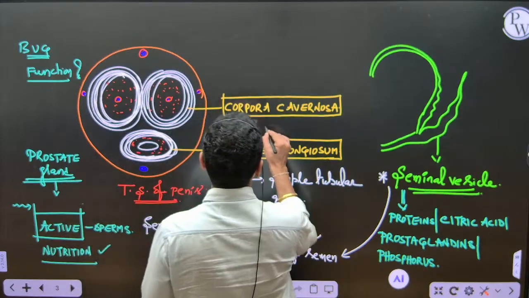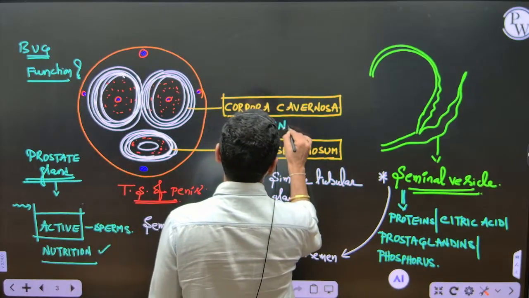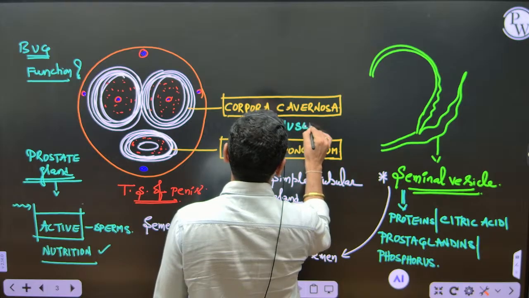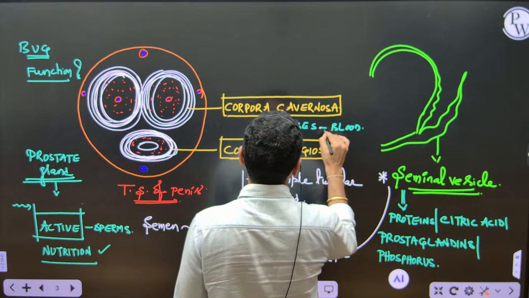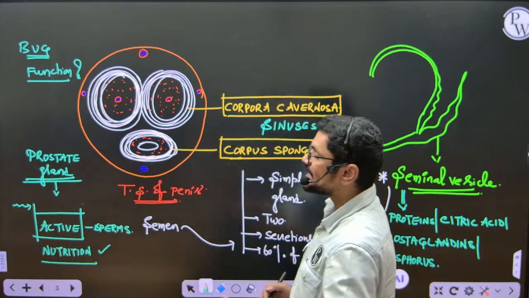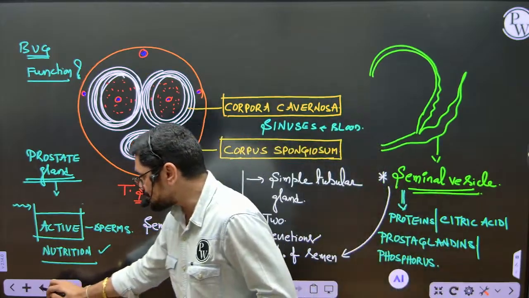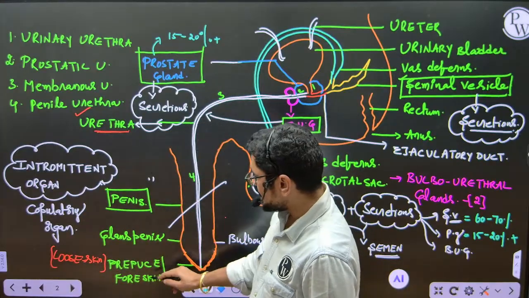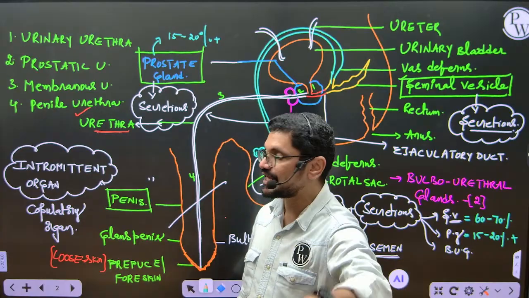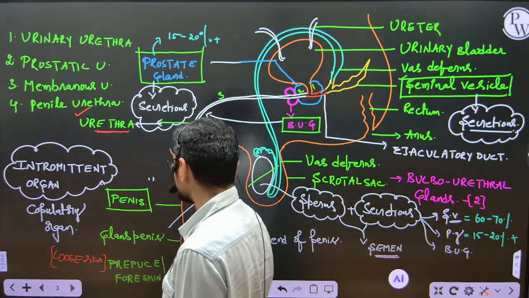The empty spaces present in this tissue are called sinuses. When the brain gives the signal, the sinuses will be filled with blood, so the penis length will increase. The glans penis is nothing but the bulbous enlarged end of the penis. The extra fold of skin which covers it during erection is the prepuce or foreskin.